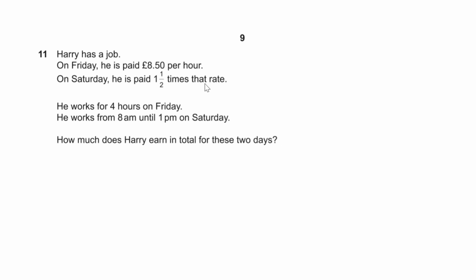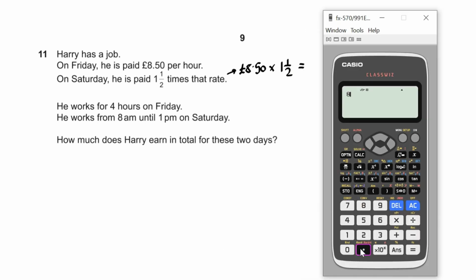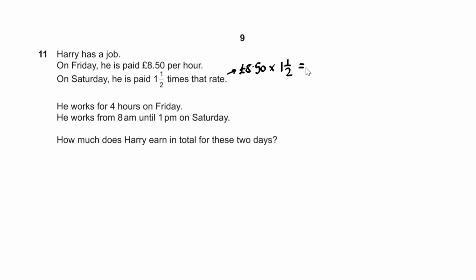Well, on Saturday his rate of pay then will be £8.50 times by 1.5. So if we work this out, 850 times 1.5, that's 12.75.